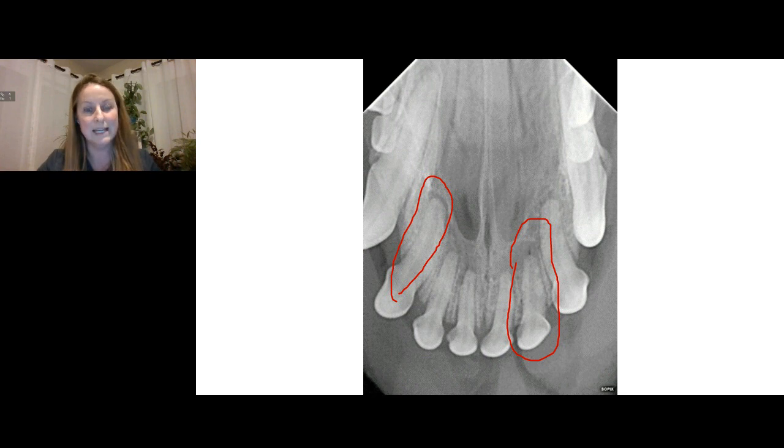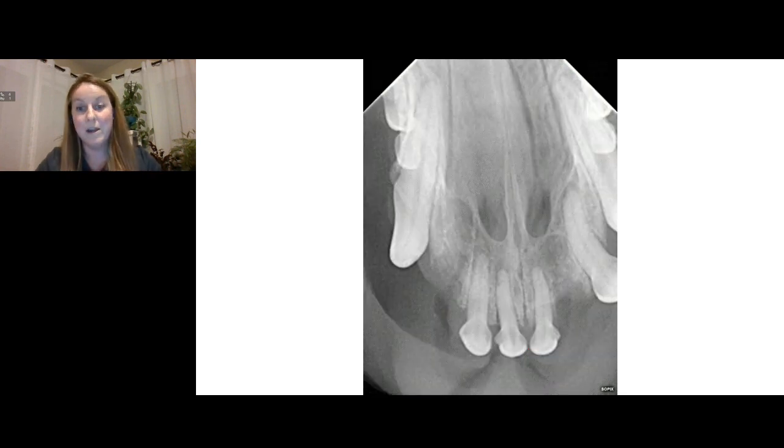So what happens is that these are dead teeth. When we see this on our radiograph, we know that something needs to be done. Because when we have dead teeth in the mouth, there are only two things that we can do. We can either extract them or we can do a root canal, right? So these guys got to come out because these are considered non-strategic teeth.